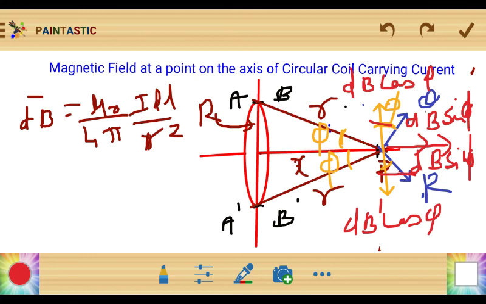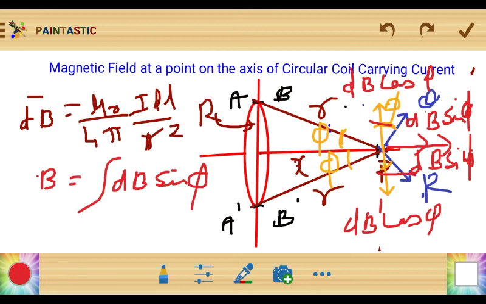So the intensity of the magnetic field due to the circular loop at point P will simply be given by the integral of the dB sin phi component. It's not dB sin, because dB and dB dash are the same.